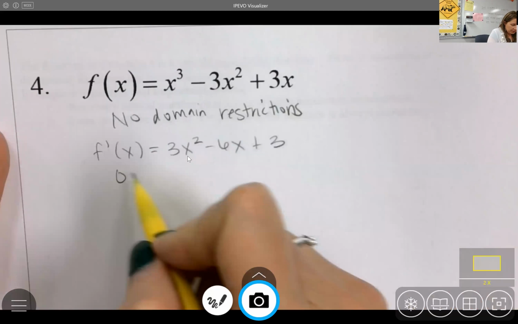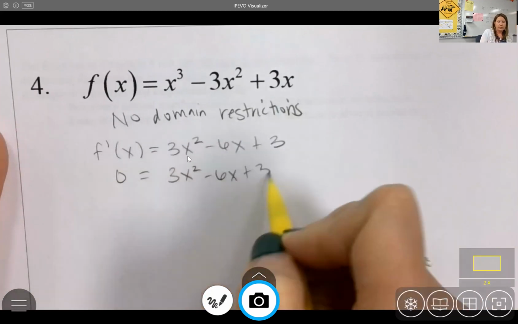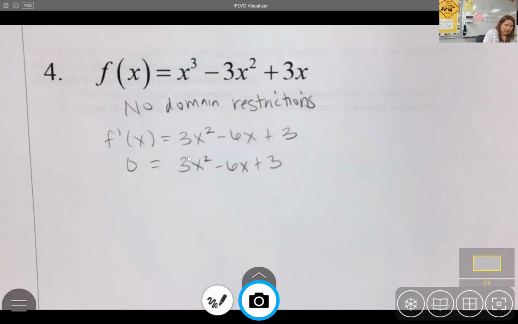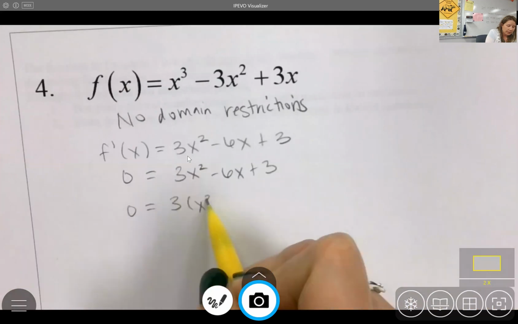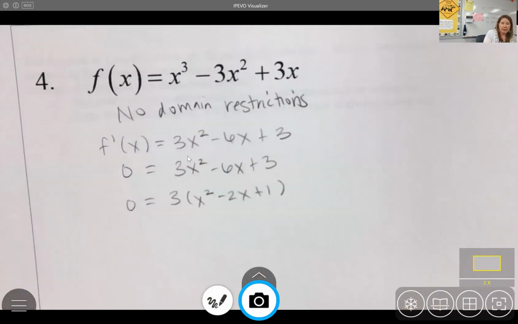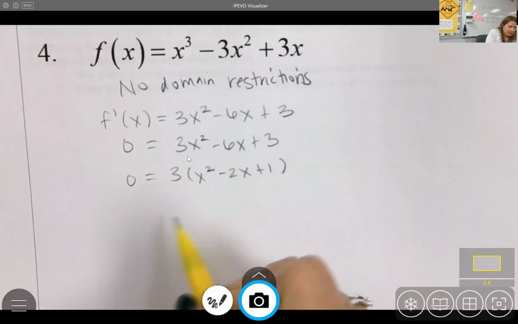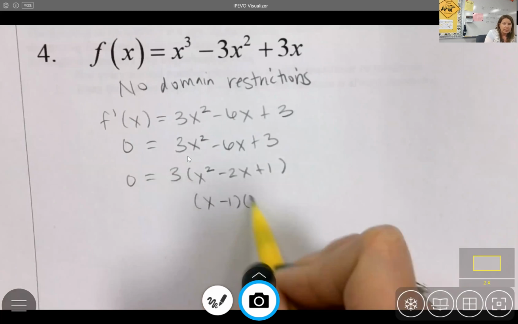Where is that 0? Well, I can factor that, right? So remember, we're supposed to be able to do these without a calculator. So practice, brush up on your factoring skills, because you're going to have to factor a little bit, okay? So this is actually going to be x minus 1 and x minus 1.